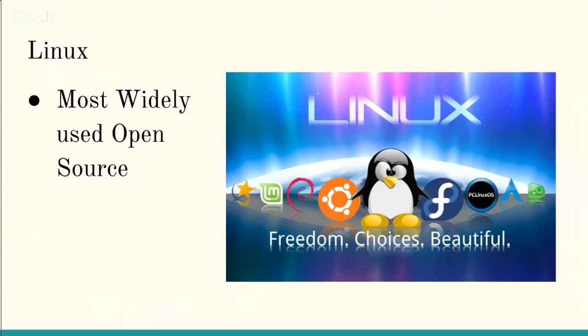As I mentioned earlier, Linux is a very popular open source that people use. Linux was released as freely modifiable source code in 1991. Linux is the most well-known and most widely used open source code operating system. Linux is software that sits underneath all the other software on a computer.